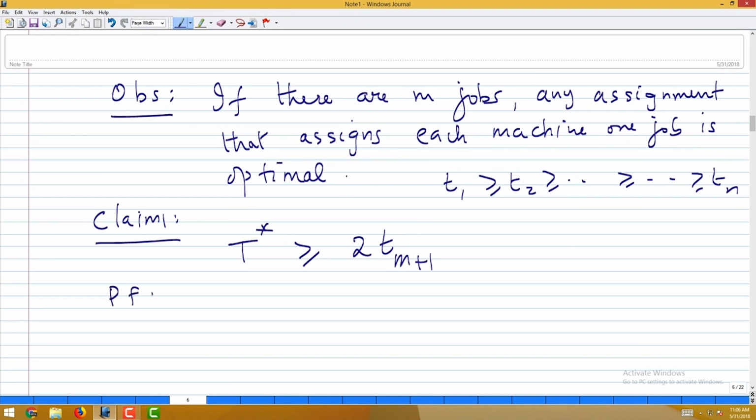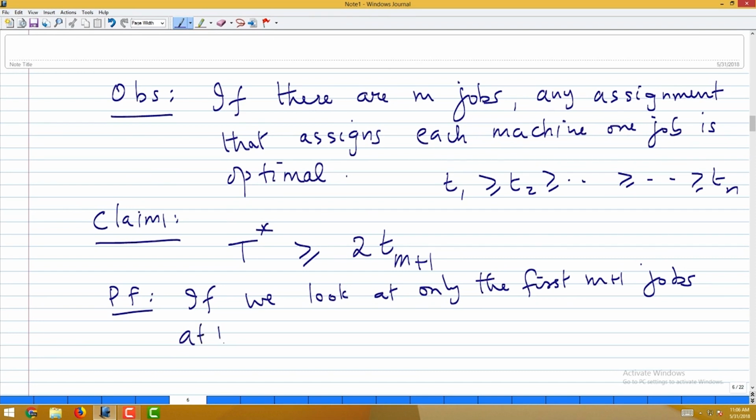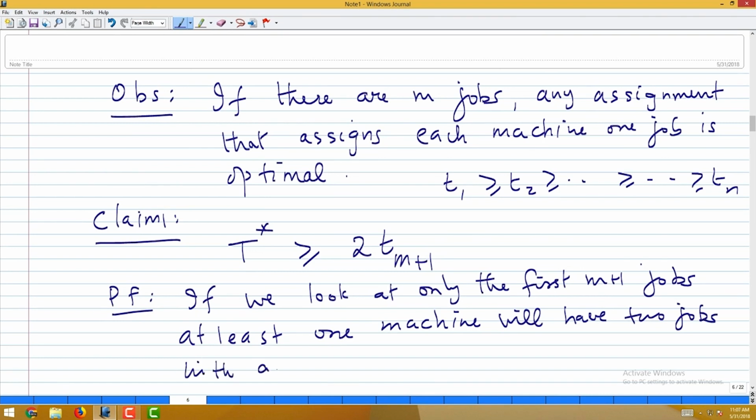So, the proof is, if you look at only the first m plus 1 jobs, at least one machine will have two jobs with a makespan of... this is in any assignment, okay, because we are not talking about one particular greedy or anything.